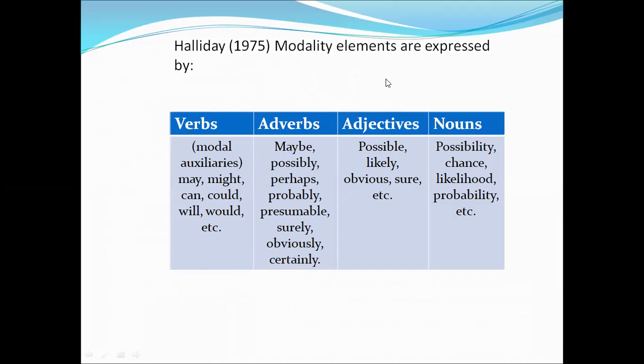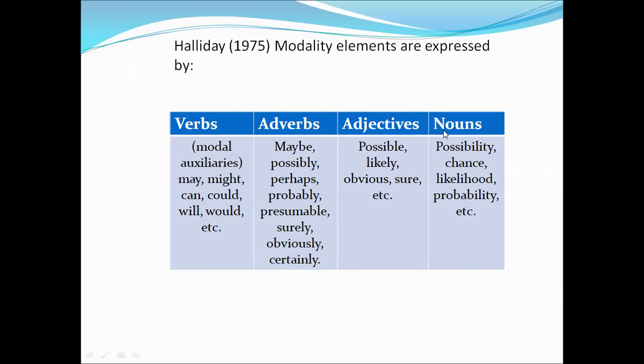So modality elements are expressed by verbs also. You can see verbs, modal auxiliaries, and adverbs: maybe, possibly, perhaps, probably, presumably, surely, and so on. Adjectives also: possible, likely, obvious.